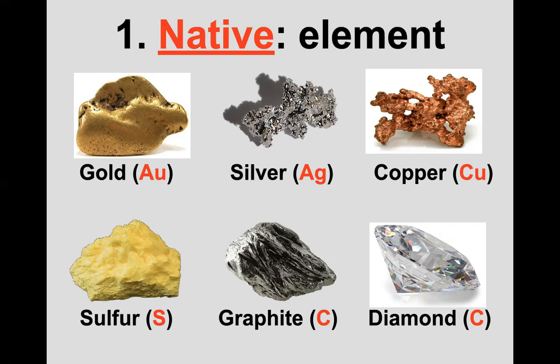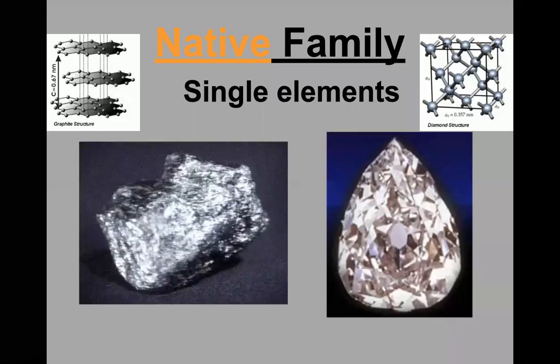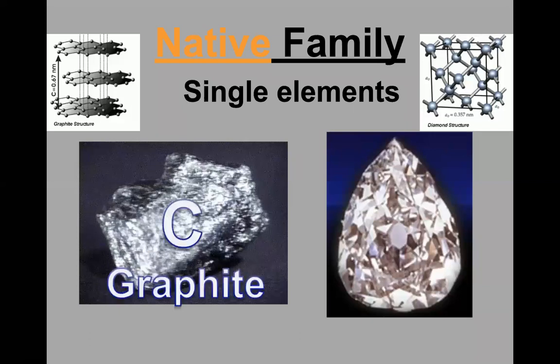All right. So the native family, again, single element. Here we have 2 different minerals. The one on the left is graphite, and its chemical formula is C. It's just carbon, pure carbon. Does anybody happen to know what graphite is used for most?